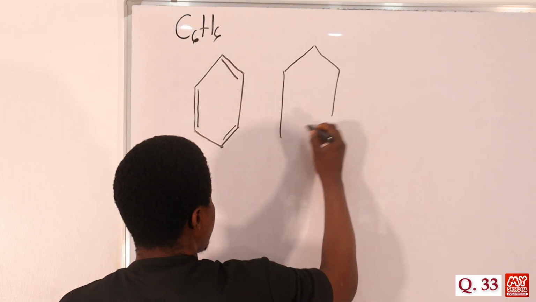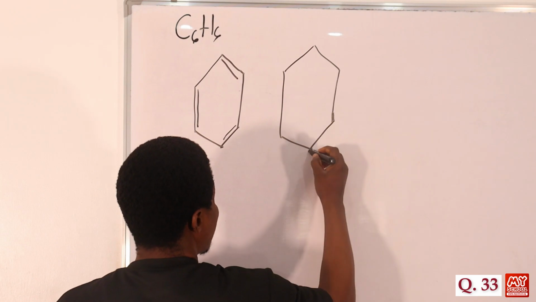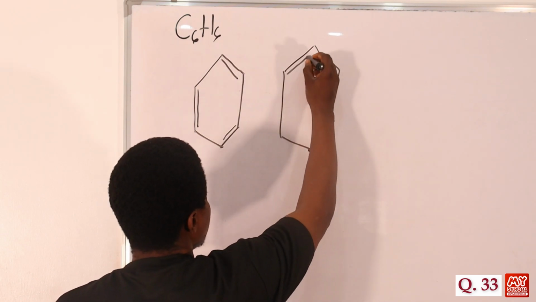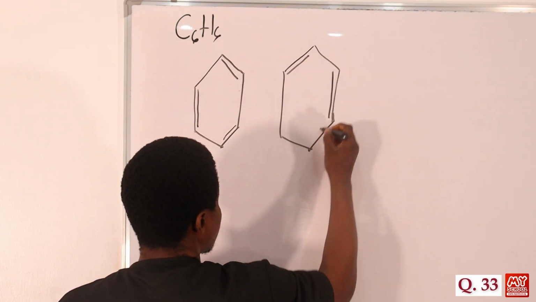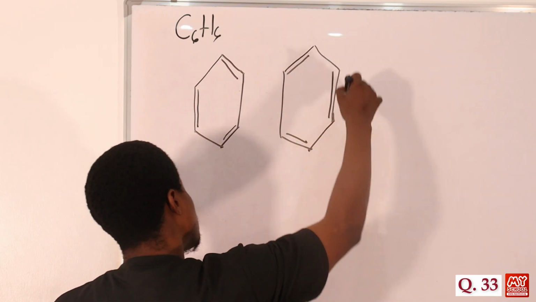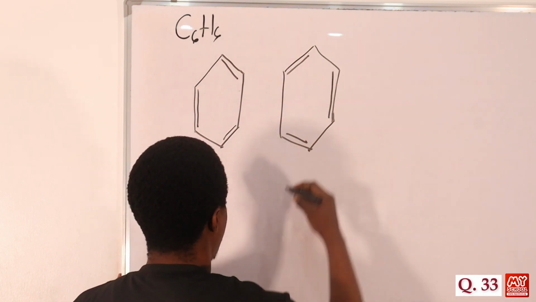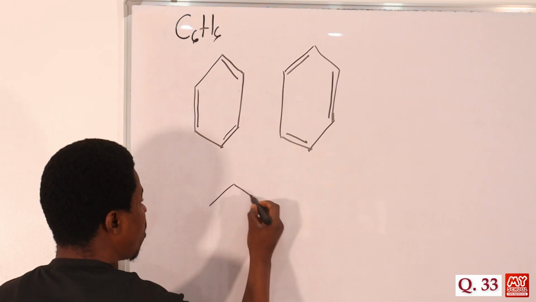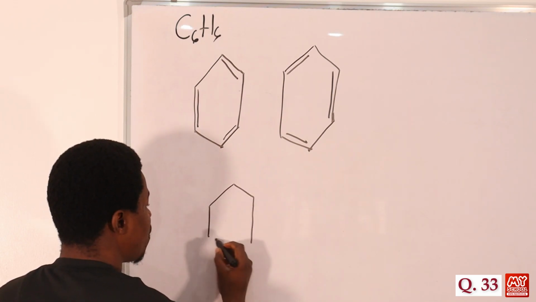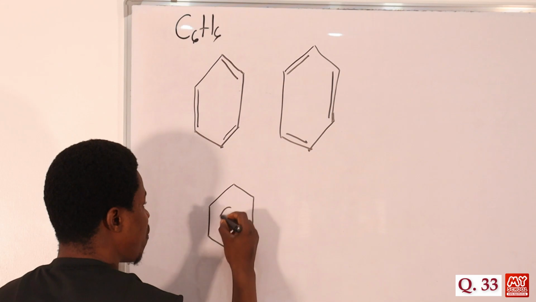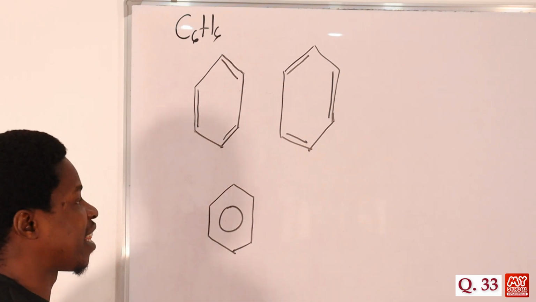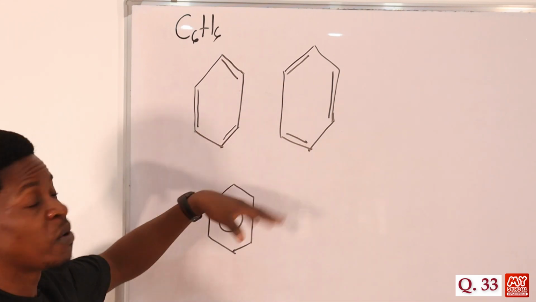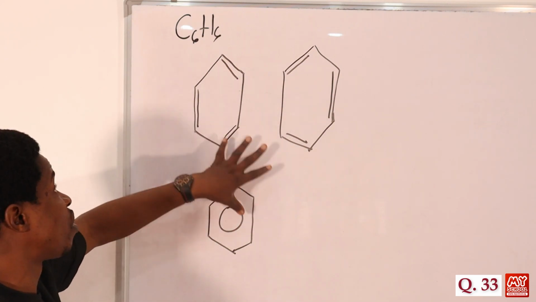The double bonds can be anywhere, but they alternate, whichever one has the first. So you can start from here, double bond, single bond, and so on, alternating like that, having pi bonds. But in reactions, we can also represent it this way, with a ring inside it like that. Of course, any of these can serve as the structure of benzene.